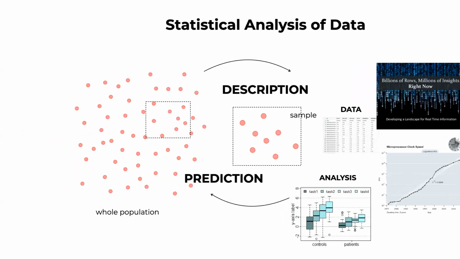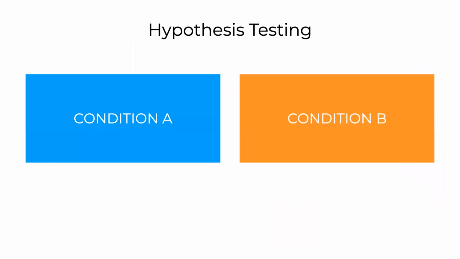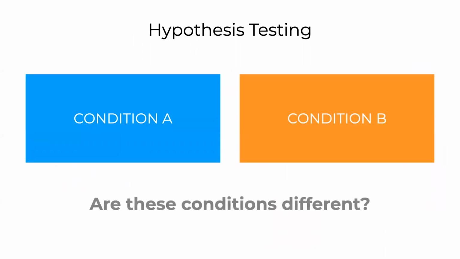One thing that we can do to understand the differences between these two conditions is to ask a question. If I have a hypothesis and I have two subtypes or two conditions, can I actually determine whether these conditions are different? And if they are different, what are the specific differences that I have high confidence in?